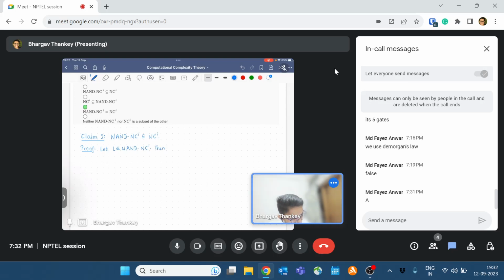Then there exists a circuit family C_n that decides L, such that for all n, the size of C_n is poly(n), the depth of C_n is order (log n)^i, and C_n only contains NAND gates.